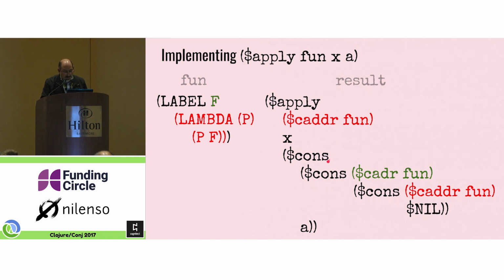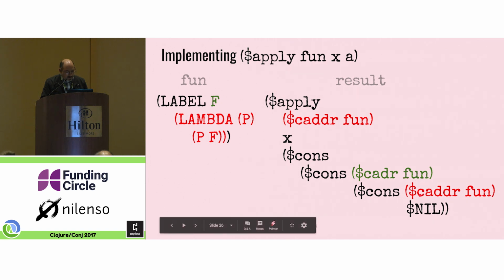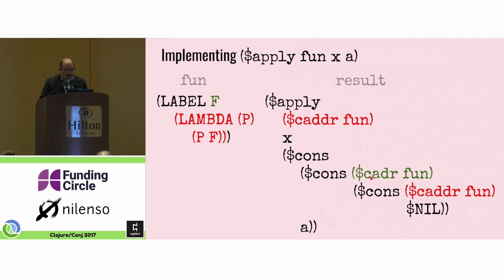And we add a pair with the name of our label and the body, or the lambda in this case, that we're joining together. So we're adding that symbol, that binding, to our list of bindings, our association list.